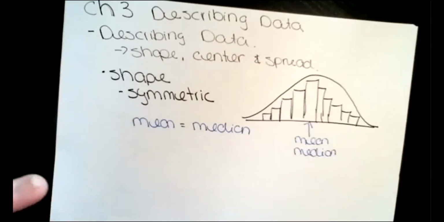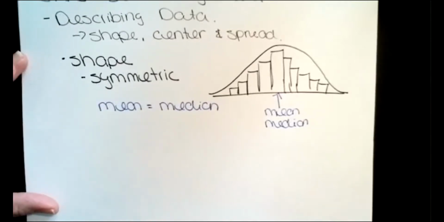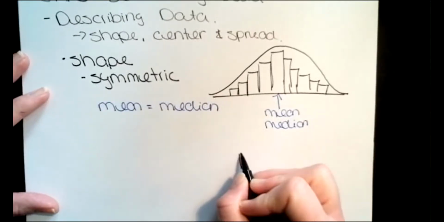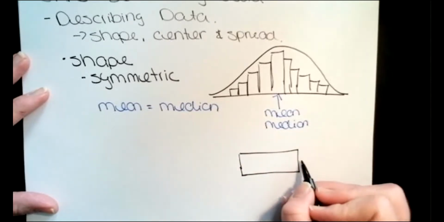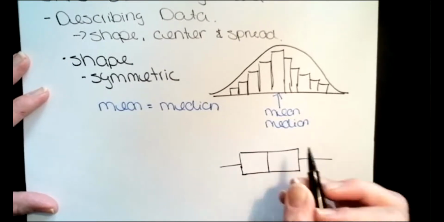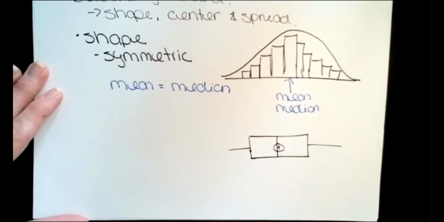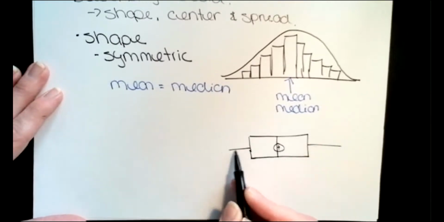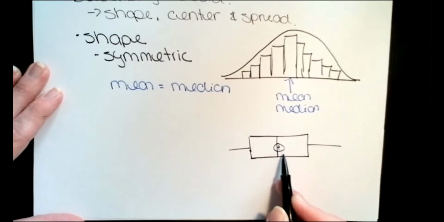Okay. We can also view this in a box plot, and we're actually going to do that a lot this semester. We didn't really do too much in step 1 with box plots. We learned about them, what they look like, how to draw them, all that stuff. So if you had a box plot, this is what we're looking at if it's symmetric. Our whiskers are basically the same length. Our median line is in the middle and our mean is in the middle as well.